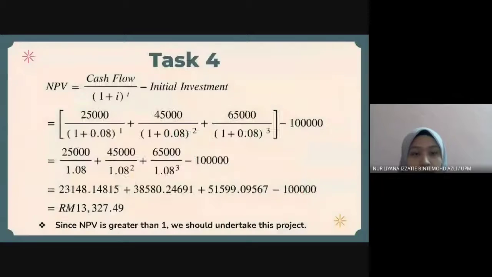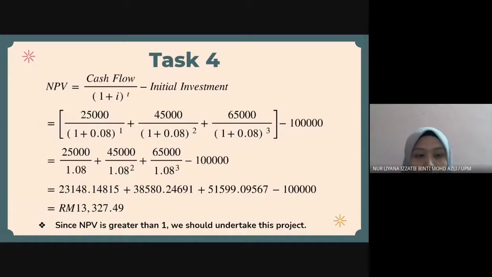So from this question, we get that the initial investment is 100,000. The cash flow for year 1 is 25,000, for year 2 is 45,000, and for year 3 is 65,000, and the rate is 0.08. So we use the formula of NPV, which is cash flow over 1 plus i power of t minus the initial investment.